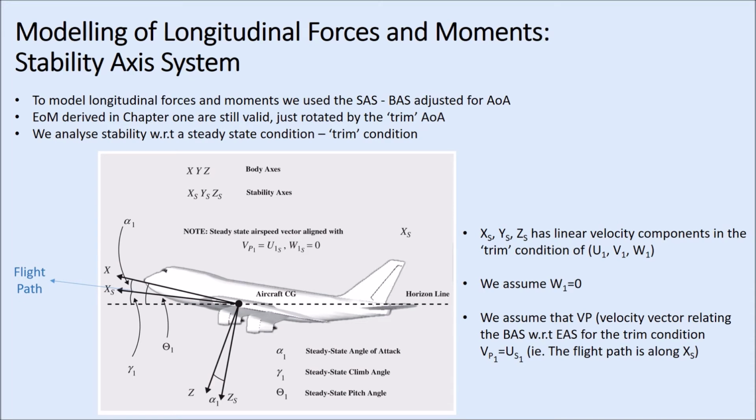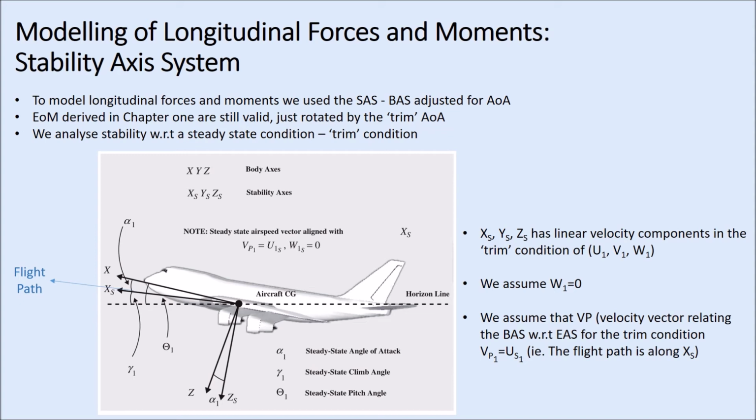And we also assume that V_P, so the P in this final bullet point should be a subscript P, which, if you recall, is the velocity vector relating the body axis system with respect to the earth axis system for the trim condition. So that will just be equal to u, the x direction linear velocity component in the stability axis system for the trim condition.